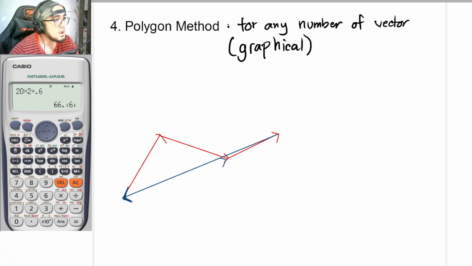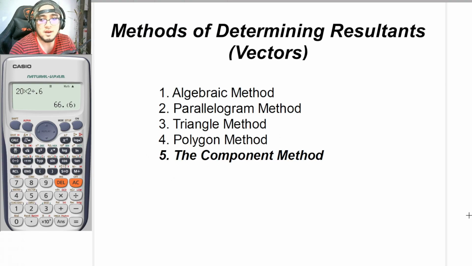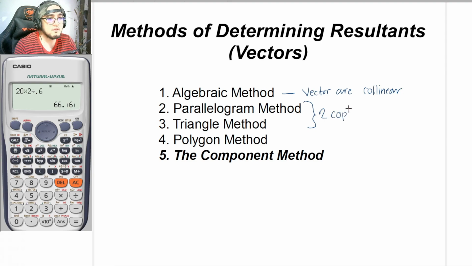So, going back here, what are the advantages and disadvantages of these methods? For your algebraic method, this can only be used if your vectors are collinear. For your parallelogram method, you can only make use of this method, as well as the triangle method, if there are two coplanar vectors.